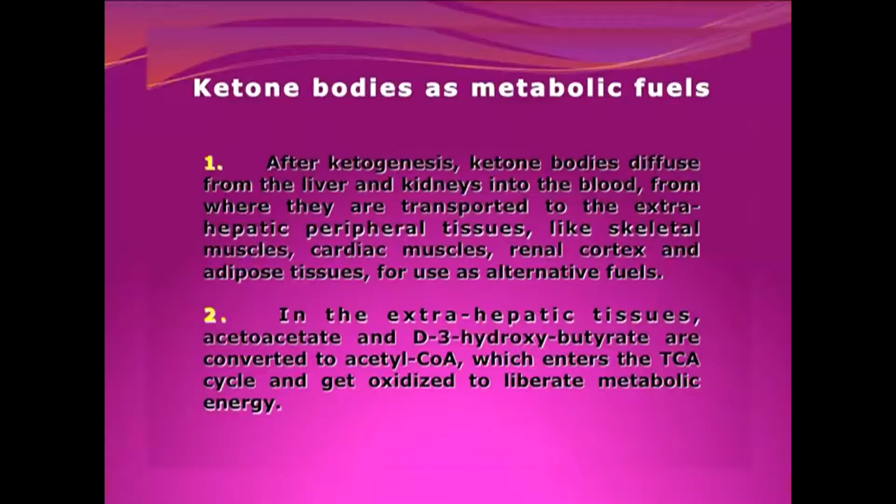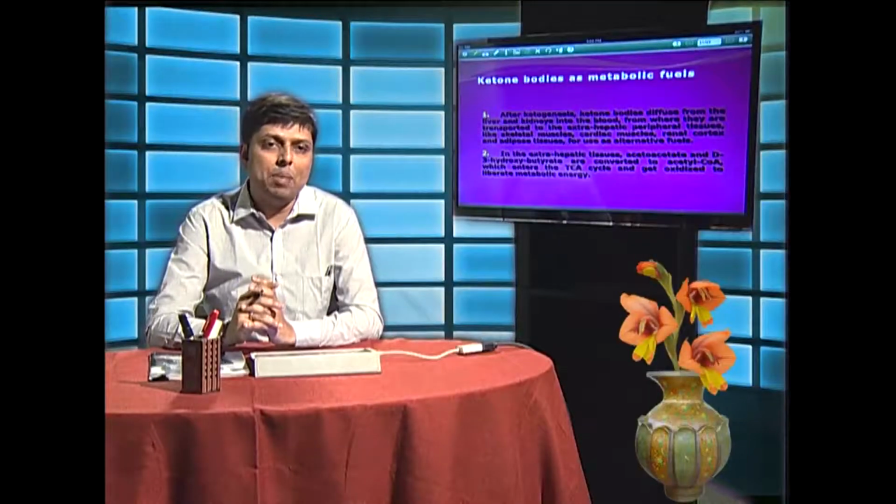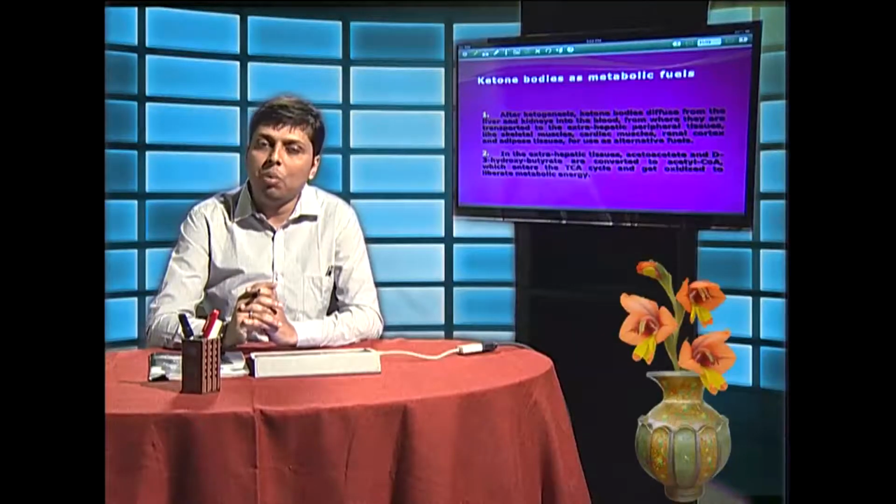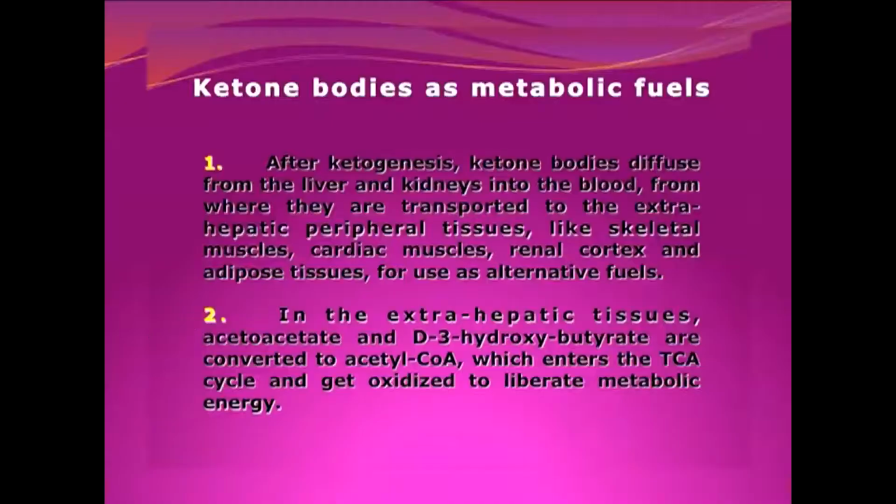And through the bloodstream, they are carried to the extrahepatic tissues like the cardiac tissues, the skeletal muscle tissues, the renal cortex, and the adipose tissue. In these extrahepatic tissues, the ketone bodies get converted to acetyl-CoA, and then this acetyl-CoA will enter the TCA cycle to generate a lot of metabolic energy.